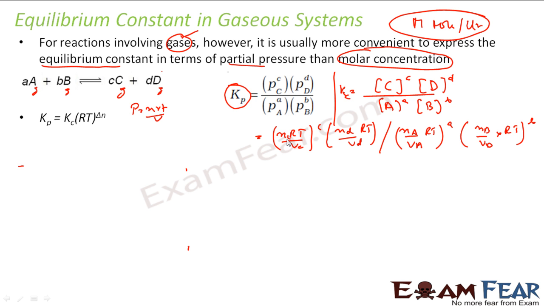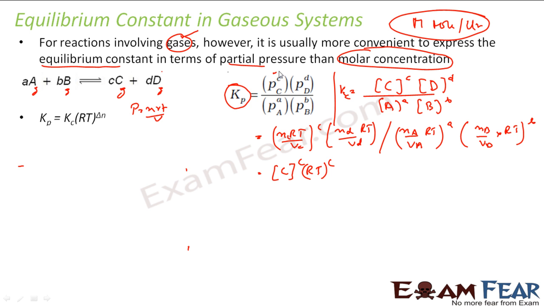So if you see, moles by volume is what? The molar concentration. That will be concentration of C to the power c into RT to the power c, right? Because I just took this out, because n by V is nothing but concentration.